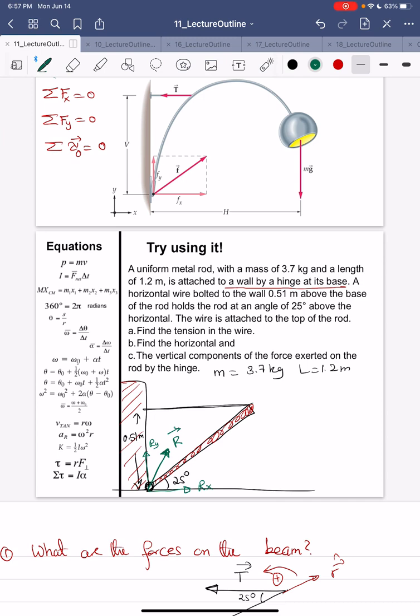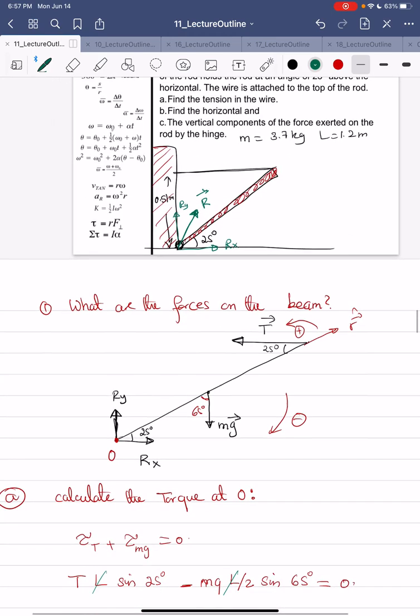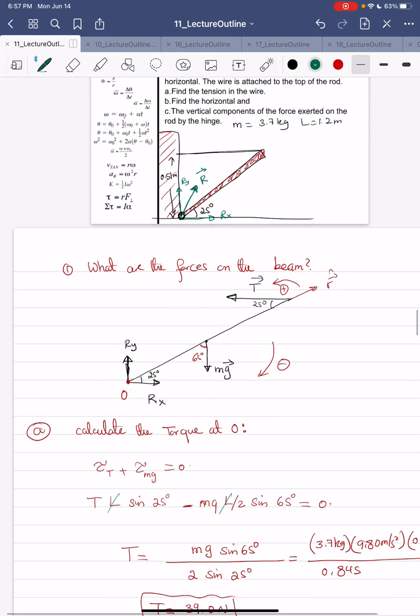A horizontal wire bolted to the wall 0.51 meter above the base of the rod holds the rod at an angle of 25 degrees above the horizontal. The wire is attached to the top of the rod. Find the tension in the wire, and find the horizontal and the vertical components of the force exerted on the rod by the hinge. Okay? These are the steps of the solution.